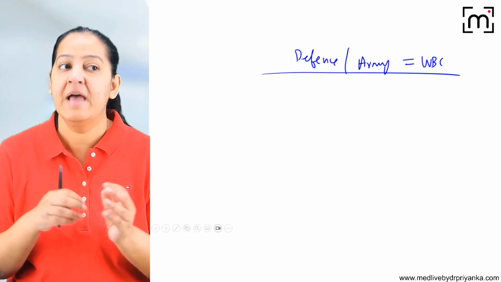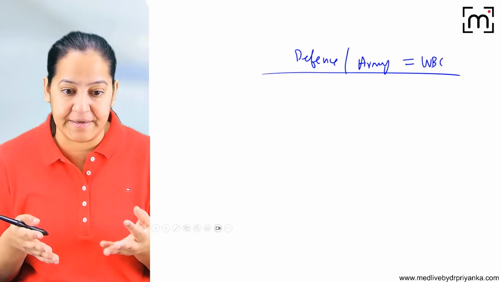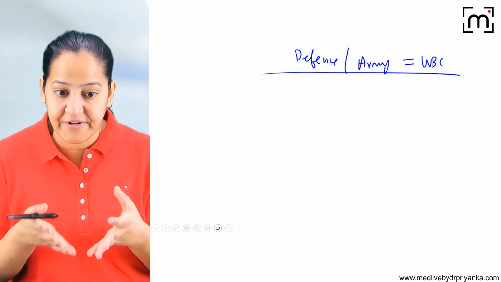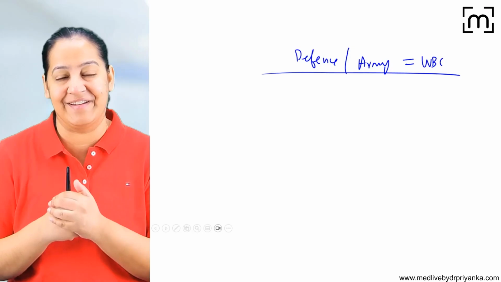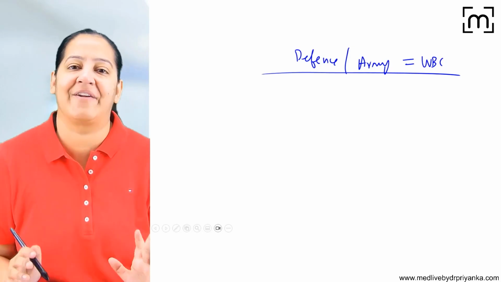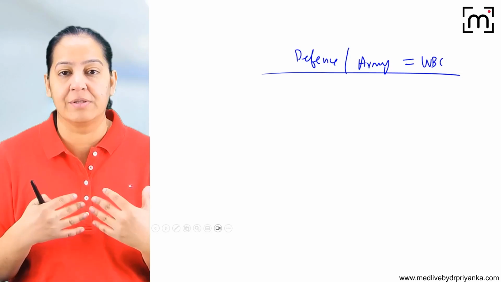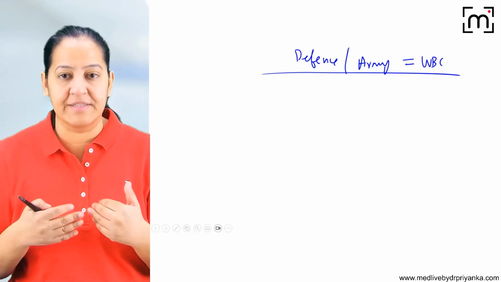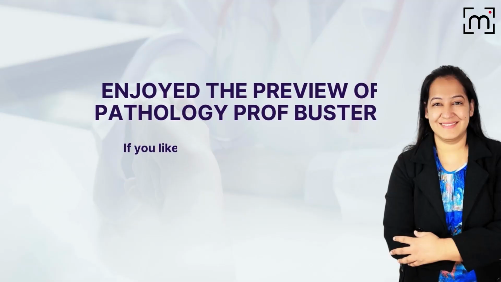A terrorist is a foreign particle that causes harm to the country's people. Whenever any terrorist enters the country's territory, the army of that country gets activated, and there is a fight between the army and the terrorist. The army destroys the terrorist. That happens in the human body also. Whenever any foreign particle enters the human body, that can be a microorganism, a bacteria, virus, fungus.